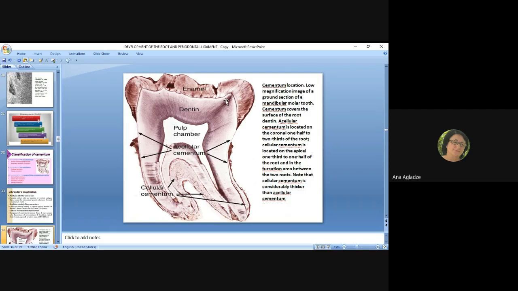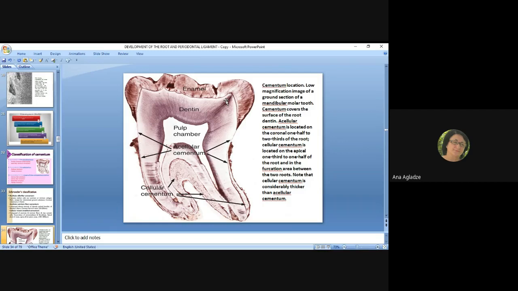The periodontal ligament fibers attach the teeth to their bony sockets. This is why cementum is also part of the periodontium. Cementum was first described in 1835 by pupils of Purkinje in Prague.